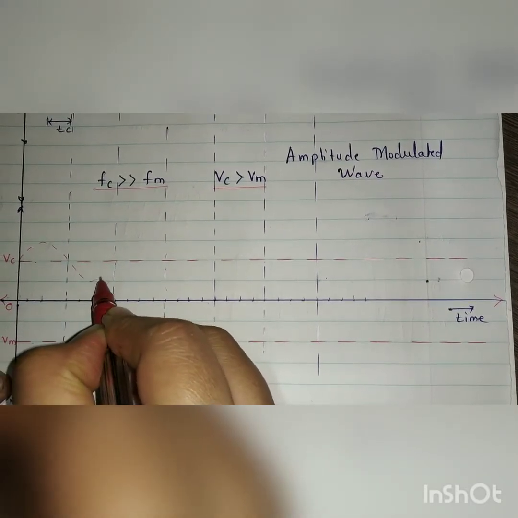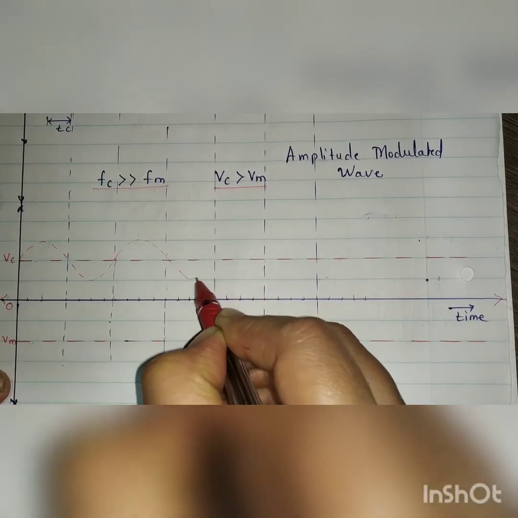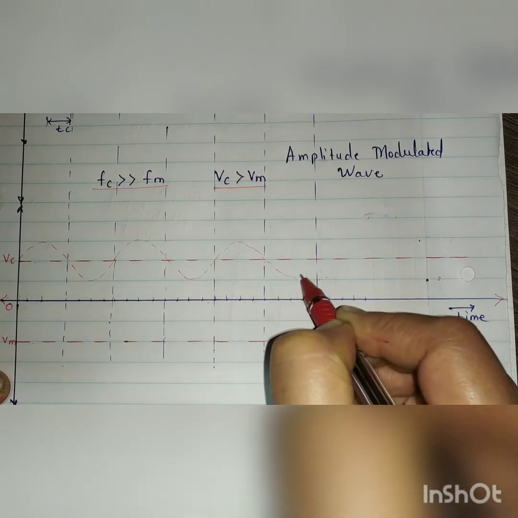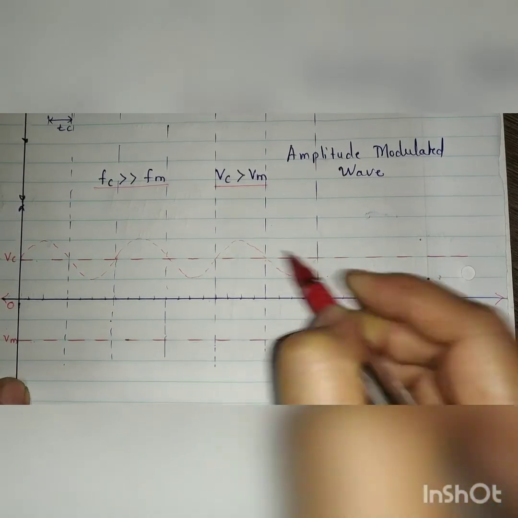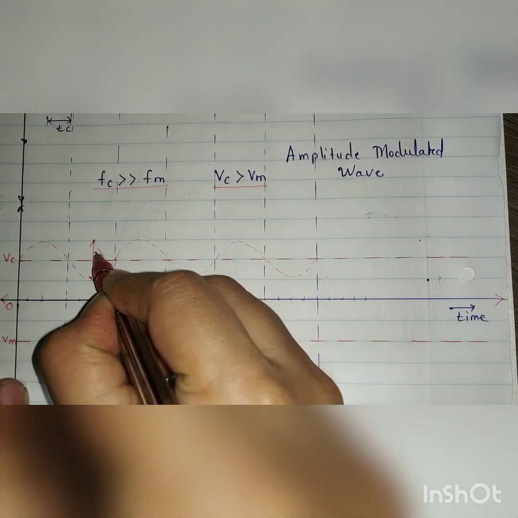So here I am drawing modulating signal, which is two horizontal lines. So two horizontal lines will represent 2 Vm voltage.